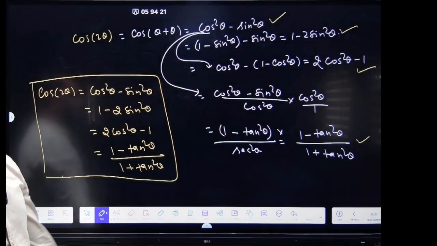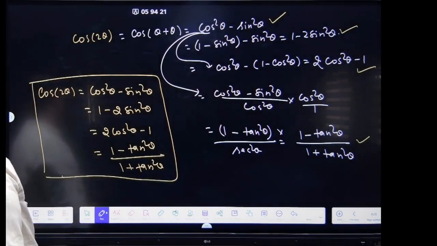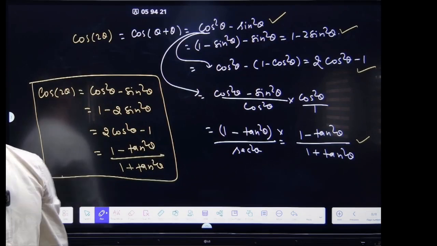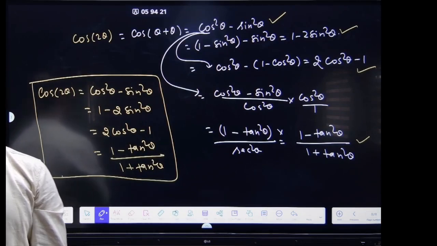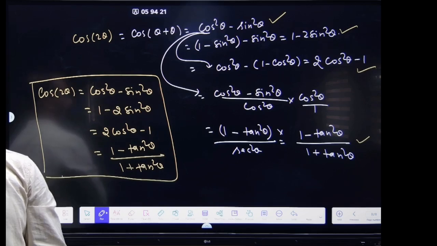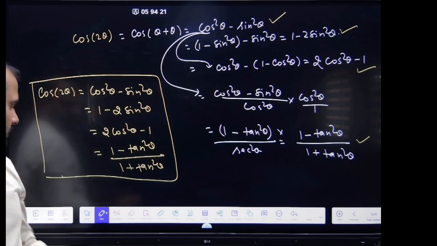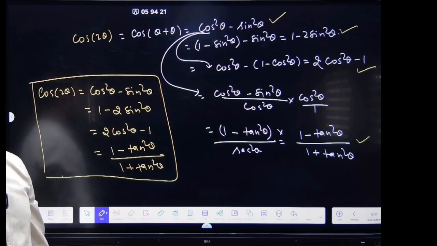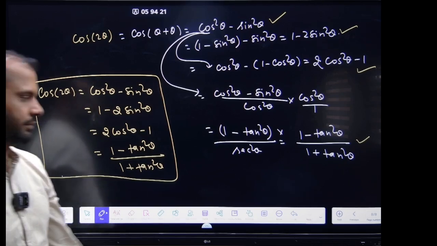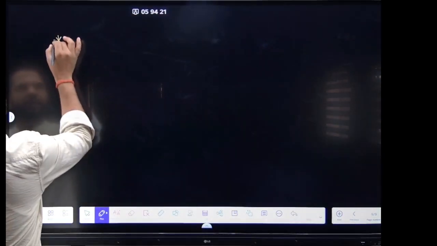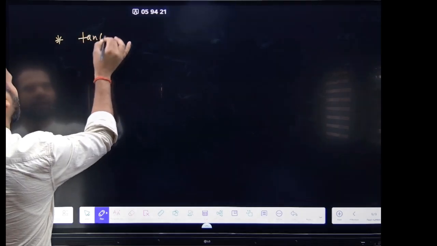Should I write the tan 2 theta? What is the formula of tan 2 theta? 2 tan theta divided by 1 minus tan square theta, if you remember. Apply the tan A plus B formula. Tan 2 theta, I am writing here tan 2 theta.